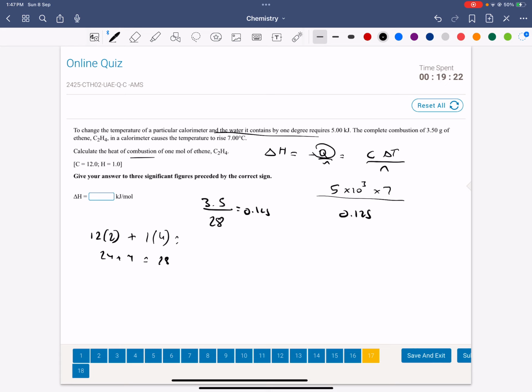And then if we solve it, we're going to get 35 divided by 0.125, which is going to be 280 kilojoules per mole. So heat of combustion, don't forget the negative sign. Please guys, make sure in the exam to put the negative sign. So it's going to be minus 280 kilojoules per mole. Okay, don't forget the negative sign.